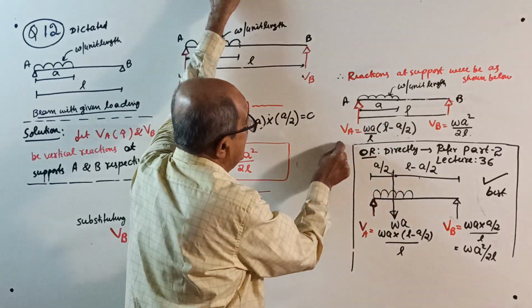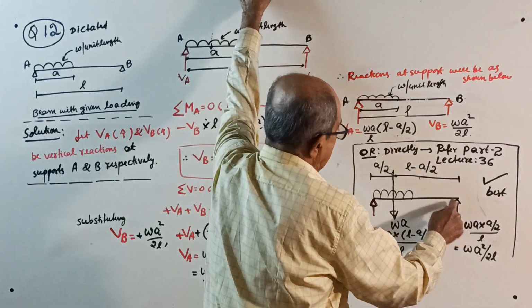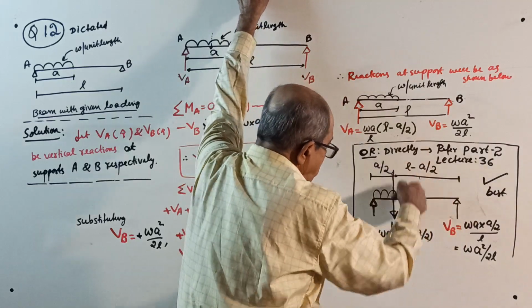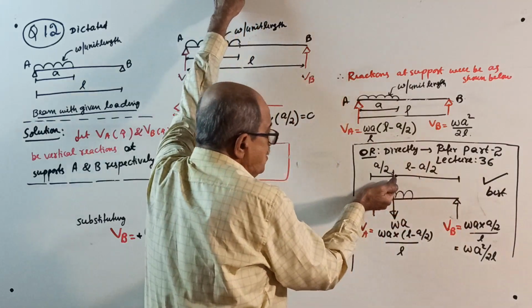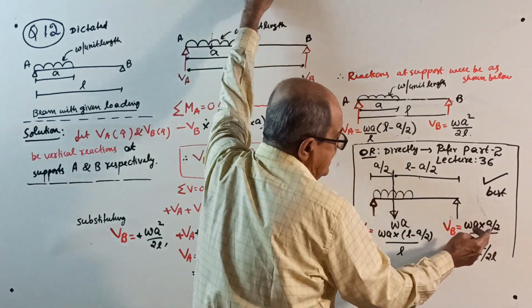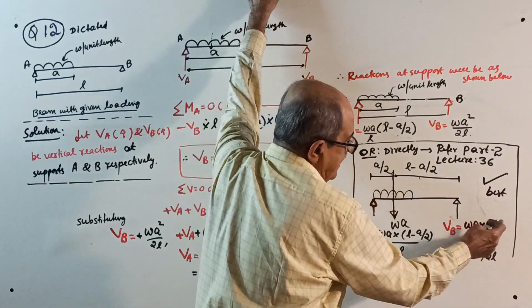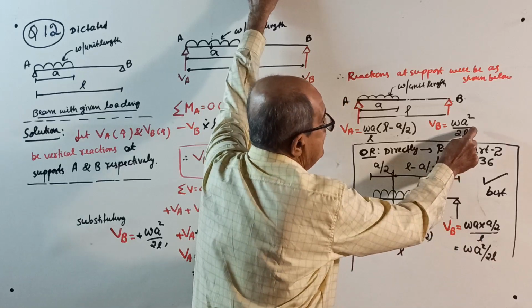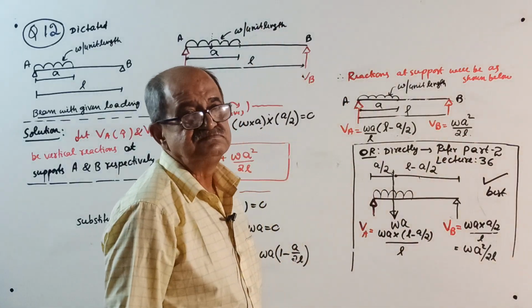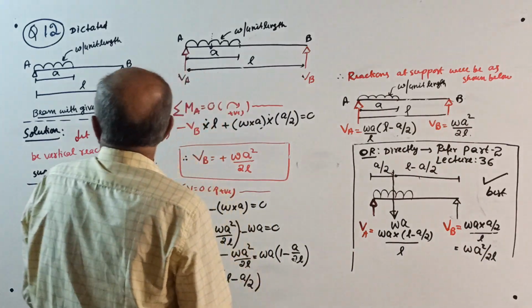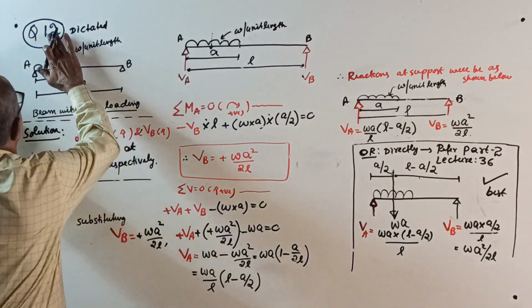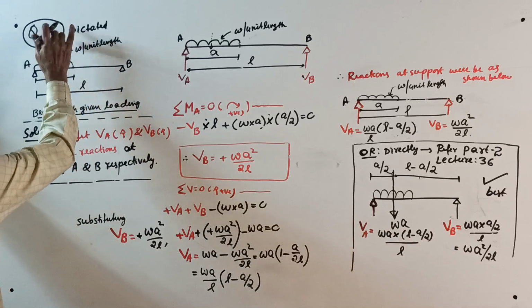Yes, same answer. This reaction is WA total load into the other distance by L, WA square by 2L for the other reaction. Now, question number 12 over, I'll go for question number 13.